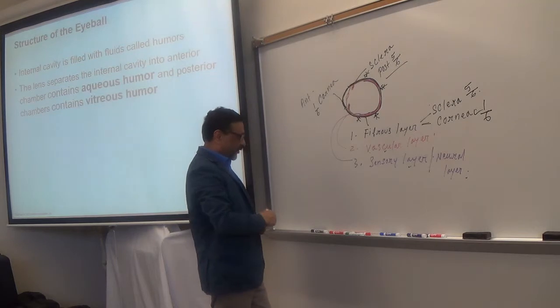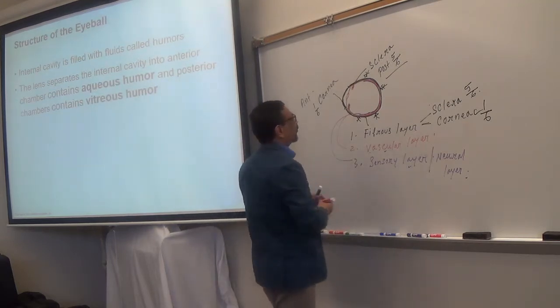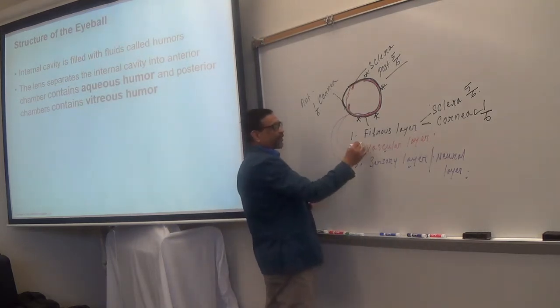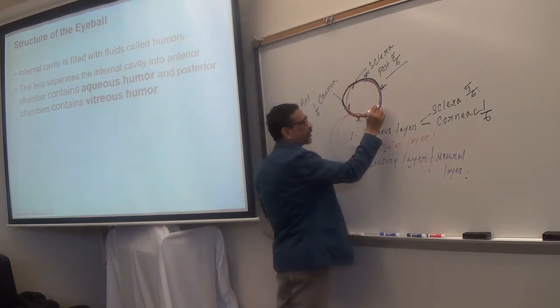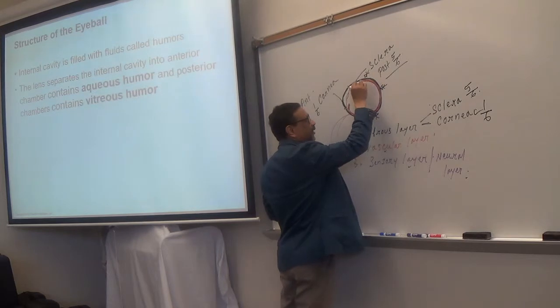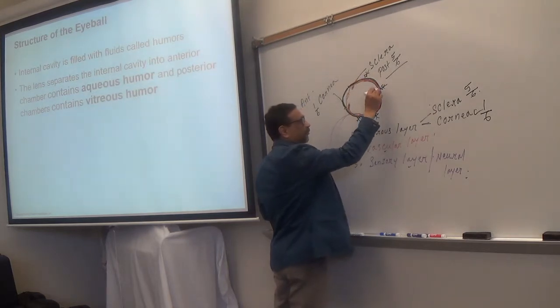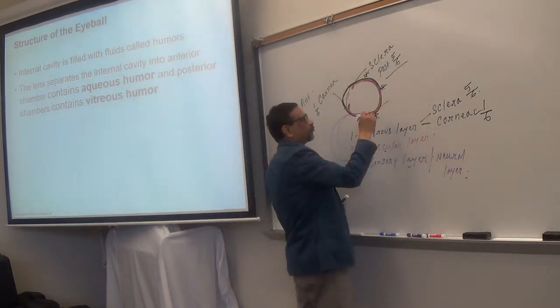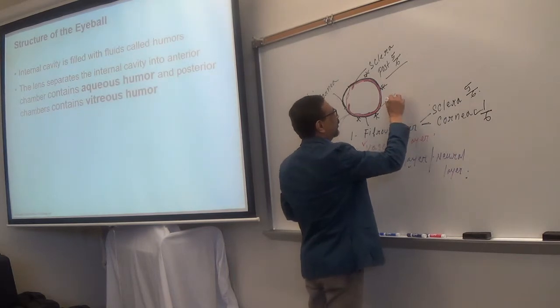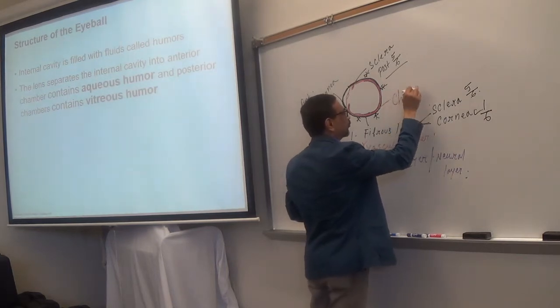Okay, now let's see the vascular layer. Middle vascular layer has few structures in it. First we'll see this part. Most part of it is called choroid. Why is this called choroid?